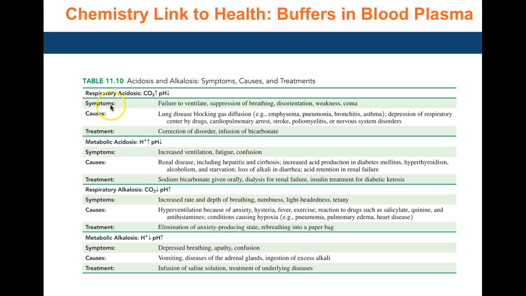So some of the symptoms in acidosis, when carbon dioxide goes up and pH drops, means less breathing, suppression in breathing. It can lead to disorientation and weakness. So some of the causes are any kind of diseases of the lungs, like emphysema, pneumonia, and bronchitis, where the normal diffusion of the gases is inhibited.